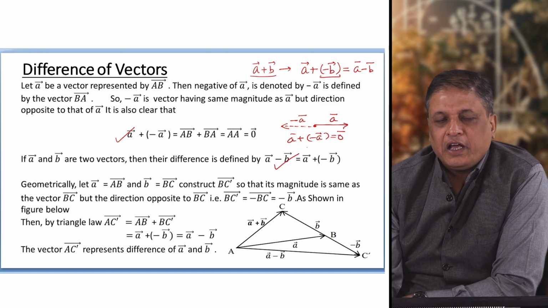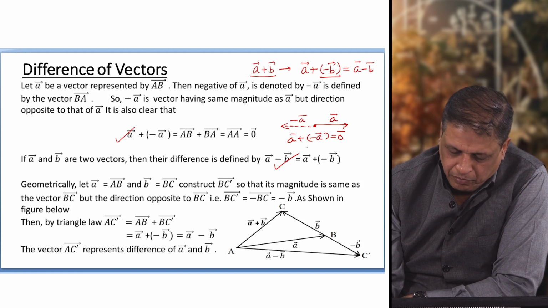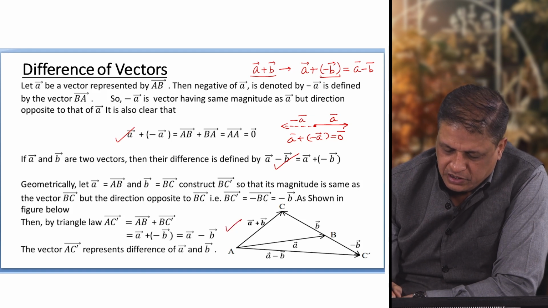So, we learned that A minus B can always be represented in terms of A plus minus B, and the same is expressed in this diagram.